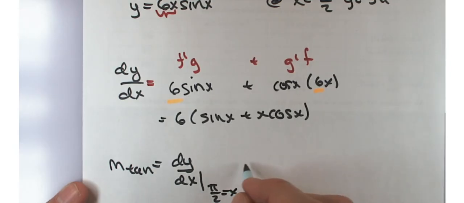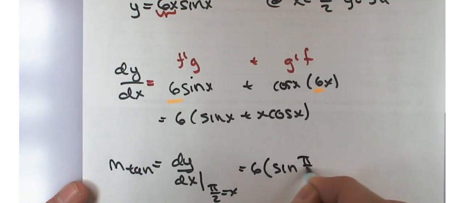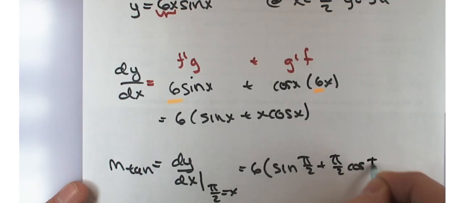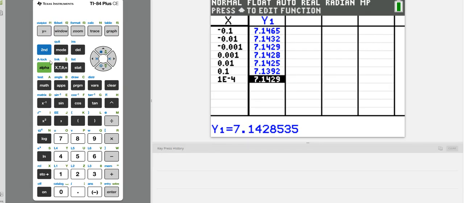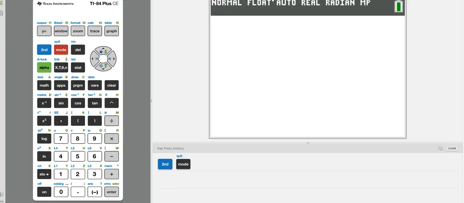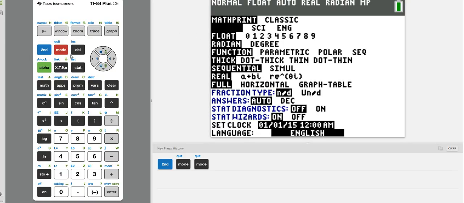So it's going to be 6 times sine of pi over 2 plus pi over 2 times cosine of pi over 2. Now, if you're looking at that going, oh man, I just never was really good thinking in radians, that's fine. No big deal on that. Hopefully your calculator is in radian mode. Mine is. If it's not, then just hit the mode key, go down and switch it.